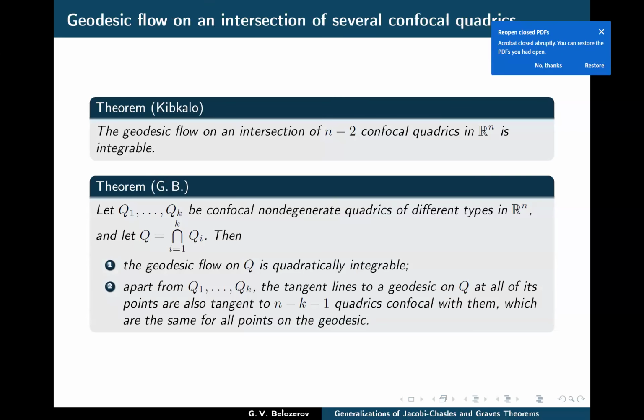Apart from the tangent lines, the tangent lines of the geodesic are tangent to Q1, ..., Qk, and also they are tangent to n-k-1 quadrics confocal with Q1, ..., Qk.